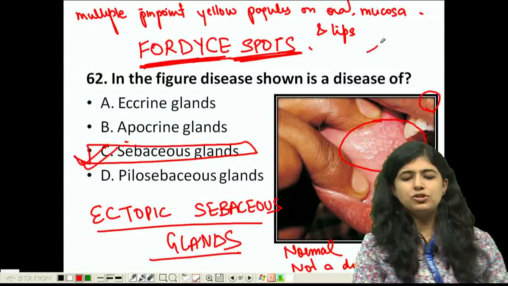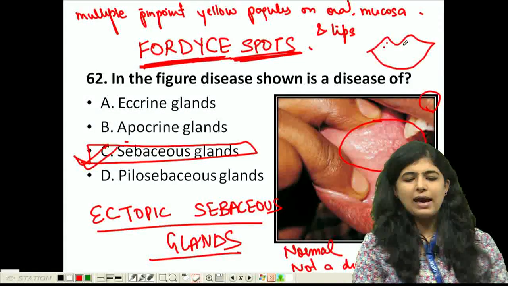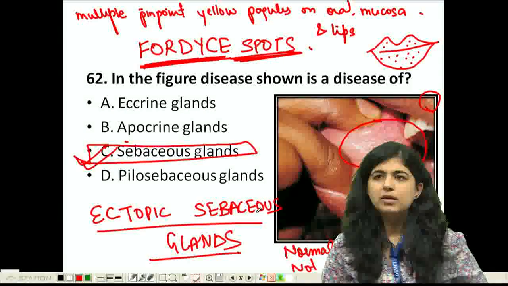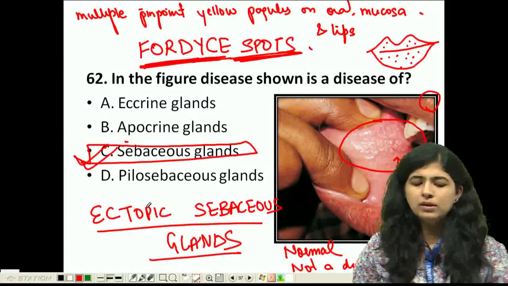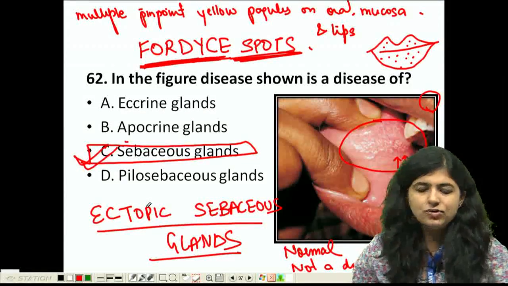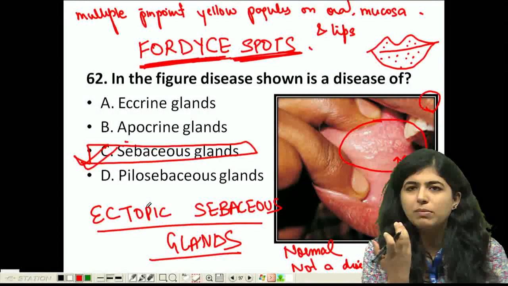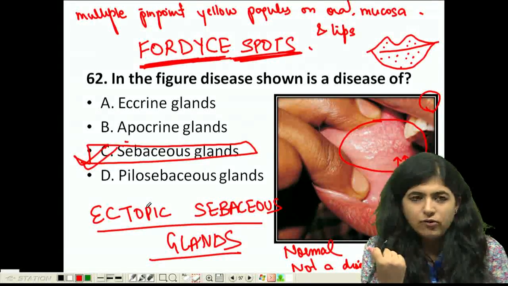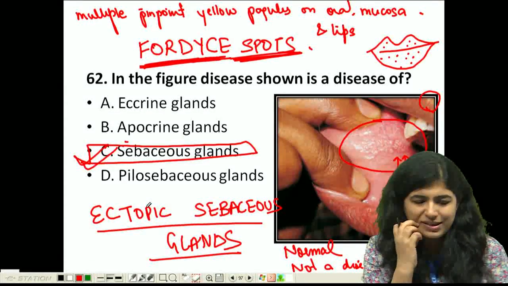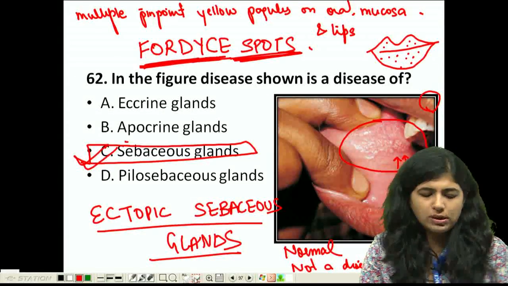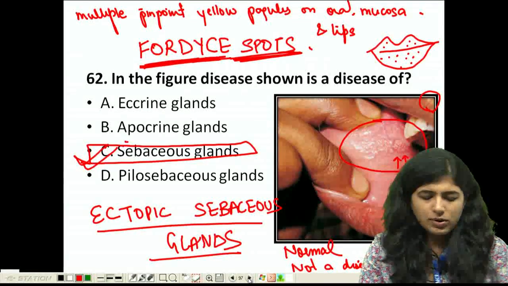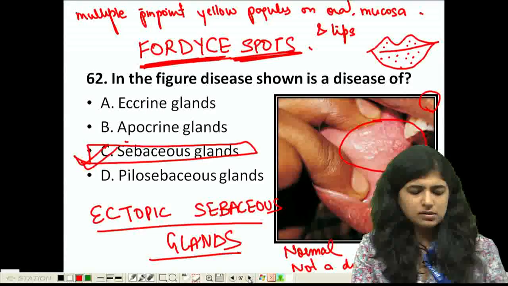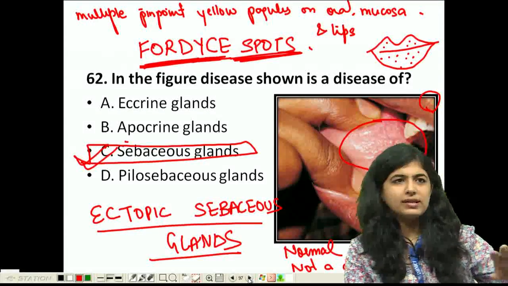Had this been an image of the lips with these yellow dots, then also it would have been Fordyce spots only. Here it's a slightly tricky one because it is giving you the image of the buccal mucosa. That is something you are not that used to seeing for Fordyce spots. But the answer here is that only. Clear to everyone? Yes. So moving on to the next question.